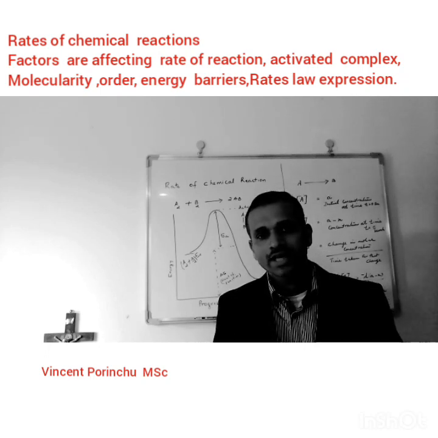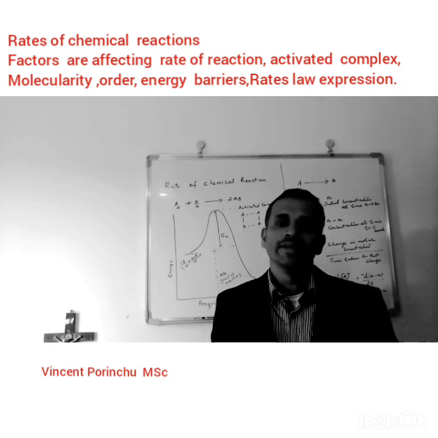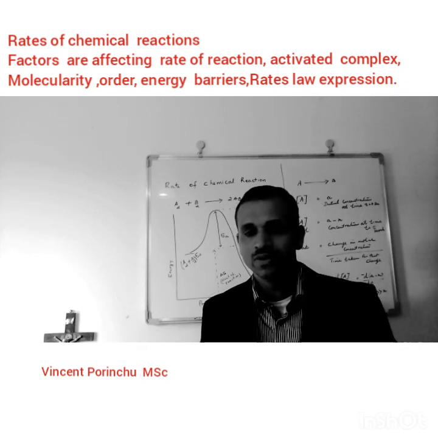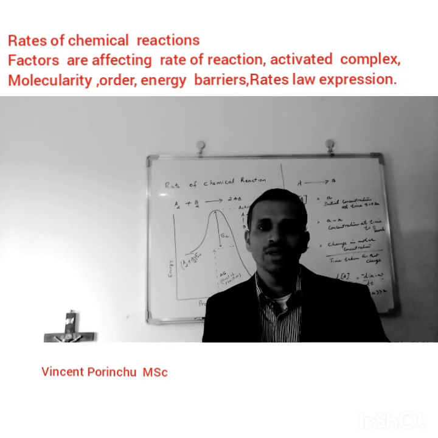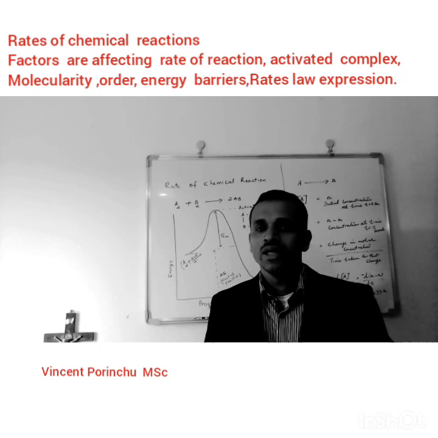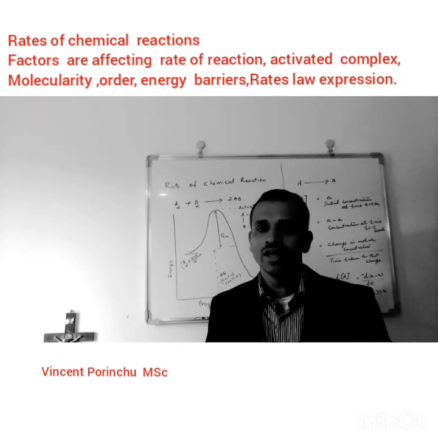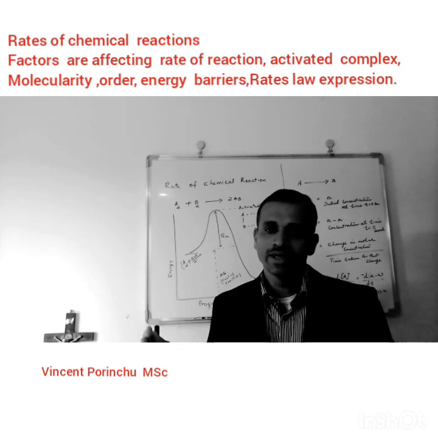So many of the reactants can pass through the barrier and be easily formed into products. So the role of a catalyst in a chemical reaction is reducing or minimizing the height of the energy barrier to form the activated complex.